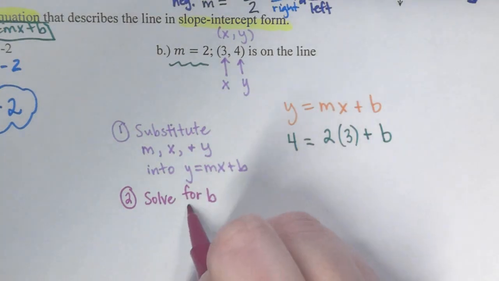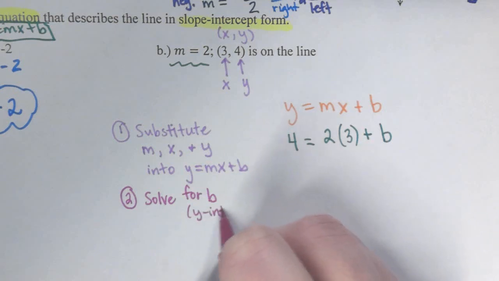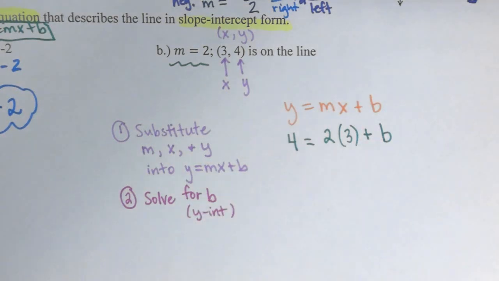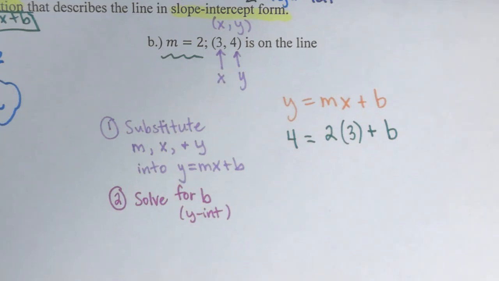Okay, and the b is going to be your y-intercept. Okay, so if you are solving for b, getting b by itself, then what you want to do is multiply these together.